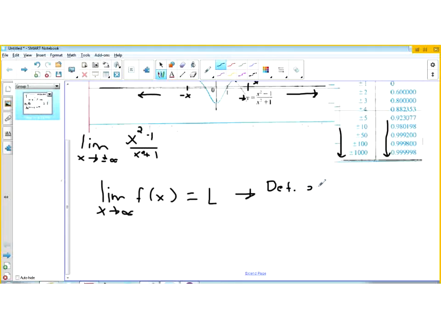Okay, definition of, and I'll abbreviate horizontal asymptote as HA. Okay, and it also holds for negative infinity as well. So we can go to negative infinity. So either way.